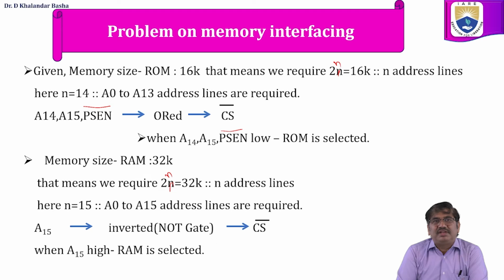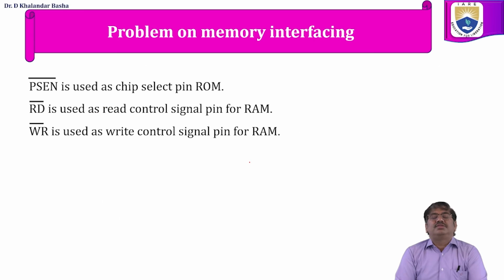So when A15 is high, we are going to select the RAM, because in the address map they have given 8000 onwards, so it has to exist. So we'll take A15 as 1. The PSEN bar, which is program store enable, is used as chip select for ROM, whereas read and write signals are the control signals to read and write data to the RAM block.